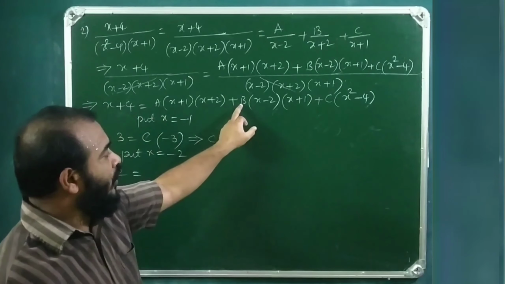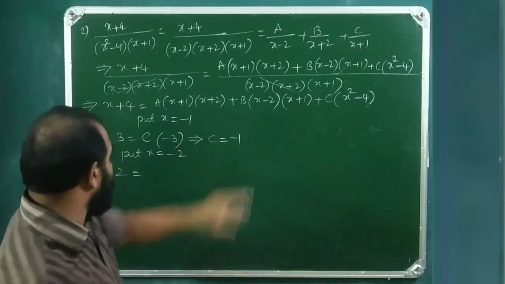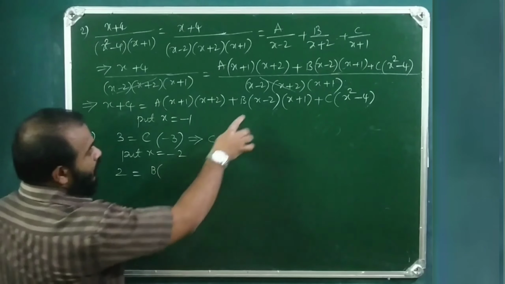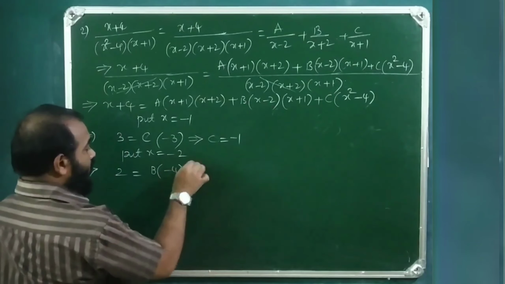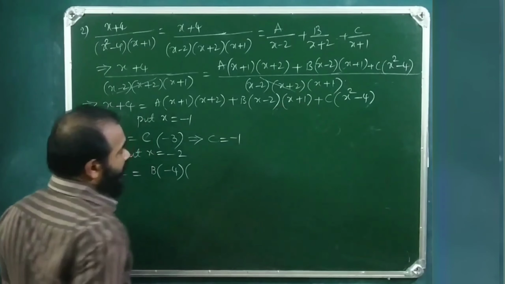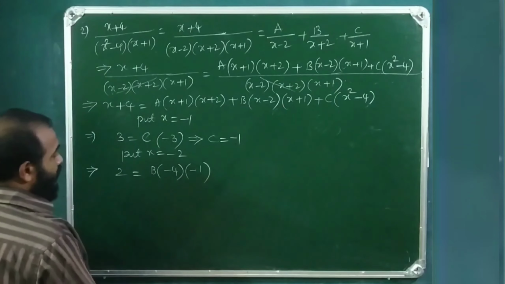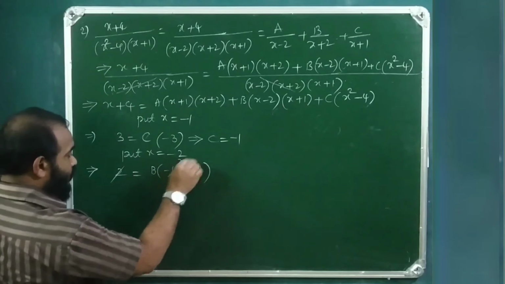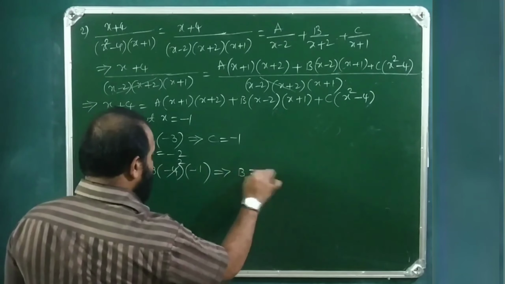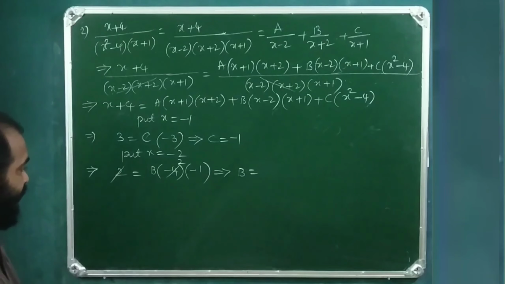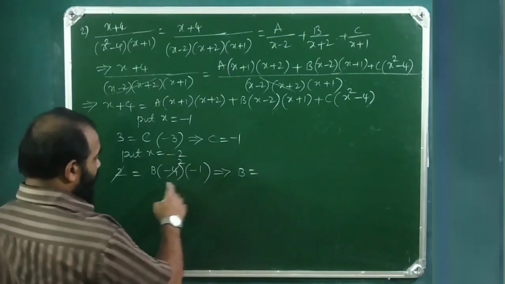So we will be left with b only. So b into x minus 2. So minus 2 minus 2, minus 4, minus 2 plus 1, minus 1. So this is 2 times. Therefore, we'll get b is equals to 1 by 2.